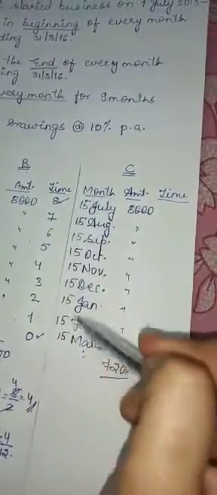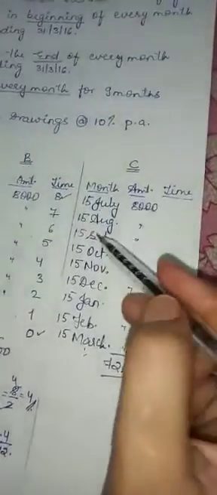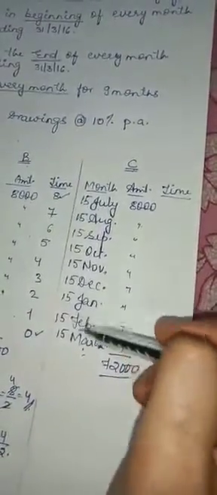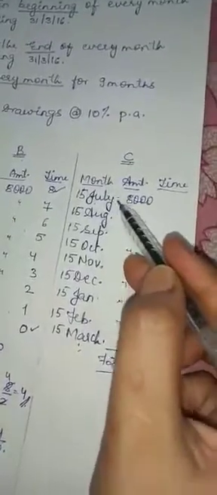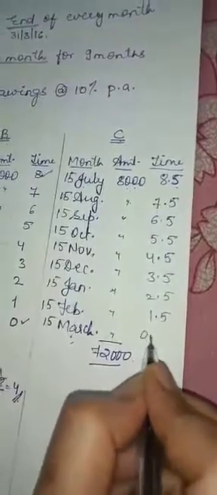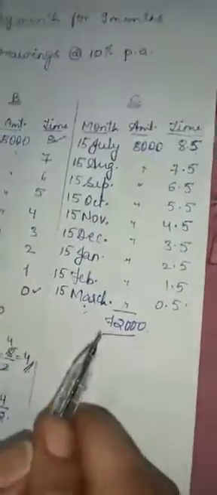Okay. Now 15th of July means half of July plus the leftover months, that means 1, 2, 3, 4, 5, 6, 7, 8 and half of July, 8.5 months. So the time period for which the amount has been kept is 8.5. Now on 15th August 7.5, 6.5, 5.5, 4.5, 3.5, 2.5, 1.5 and last 0.5. 15th March means 0.5 months.